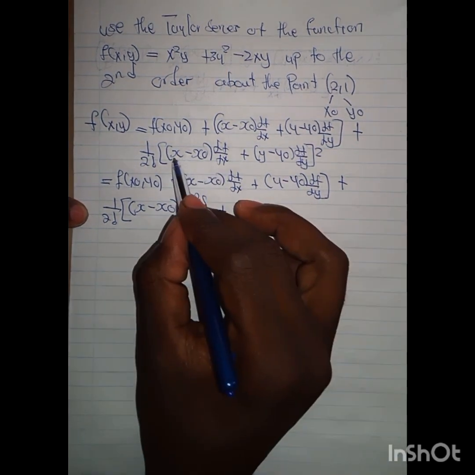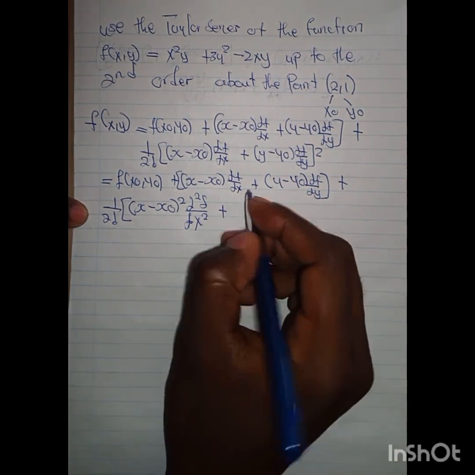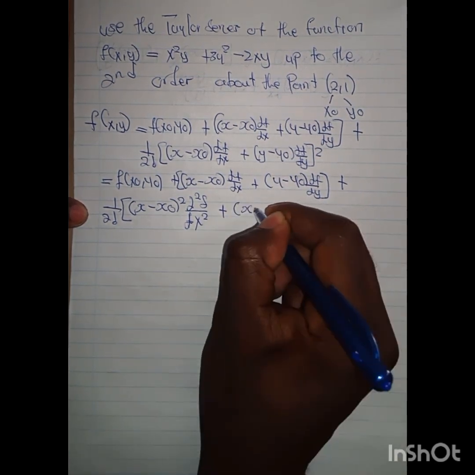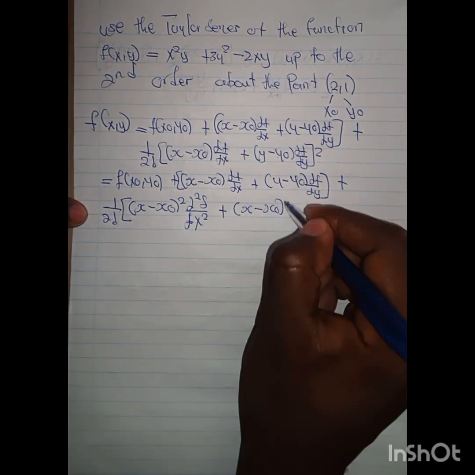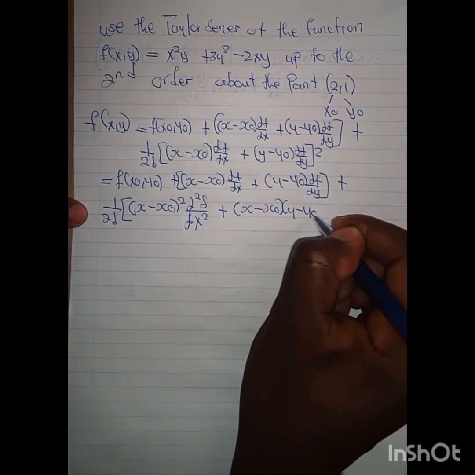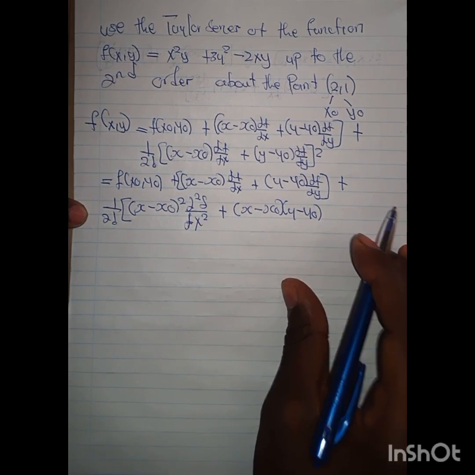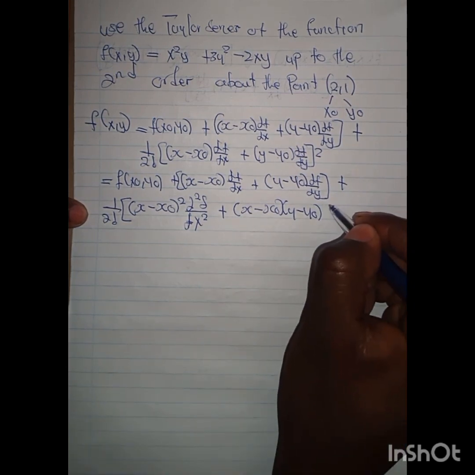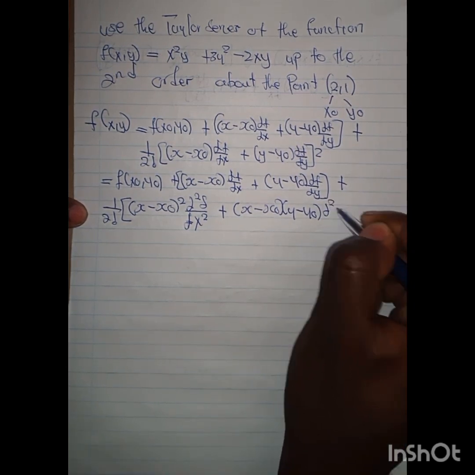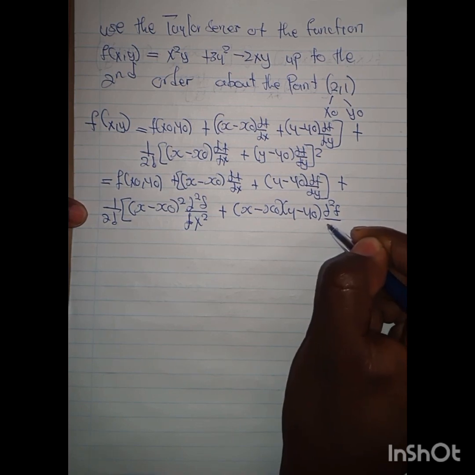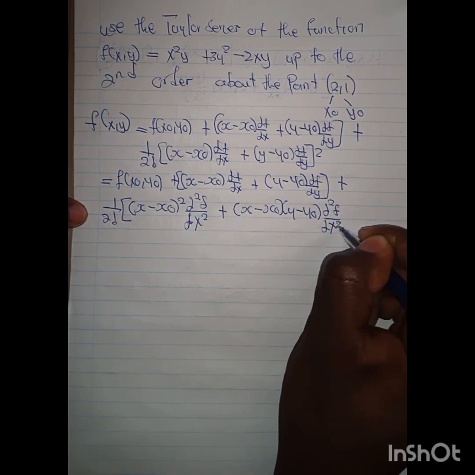Plus, when you take this part and multiply by this part, you will get x minus x naught times y minus y naught, then this part multiplied by this part.